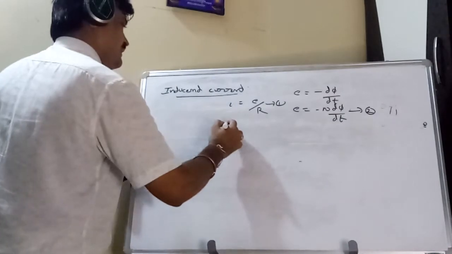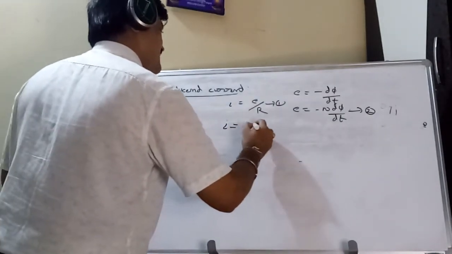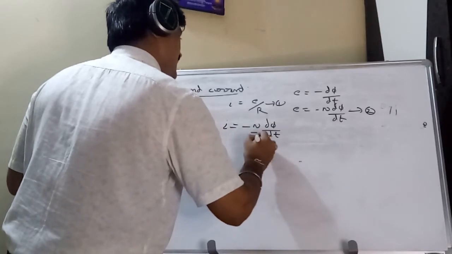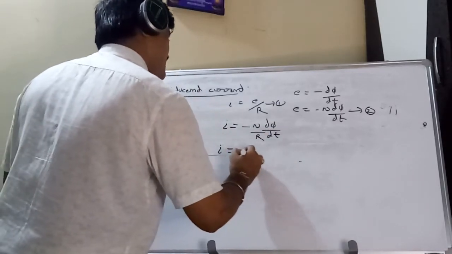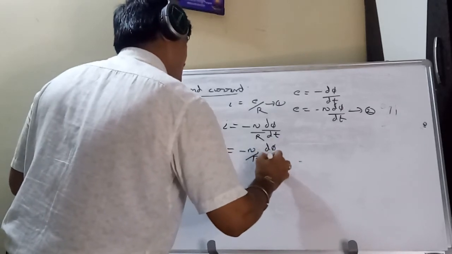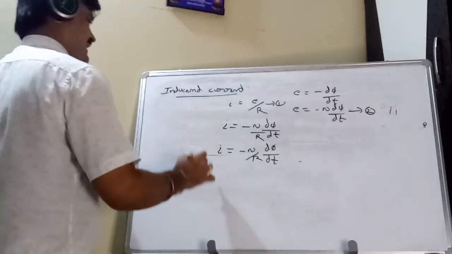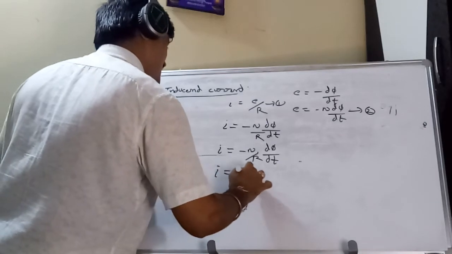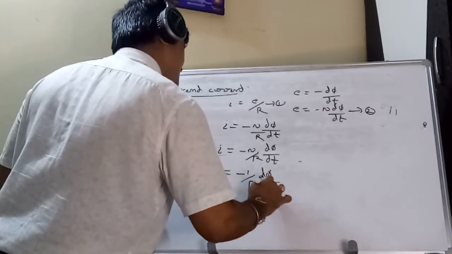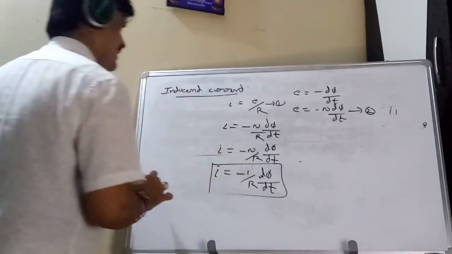From 1 and 2, I is equal to minus n by R into d phi by dt. This is the induced current. For a single turn, I is equal to minus 1 by R into d phi by dt.